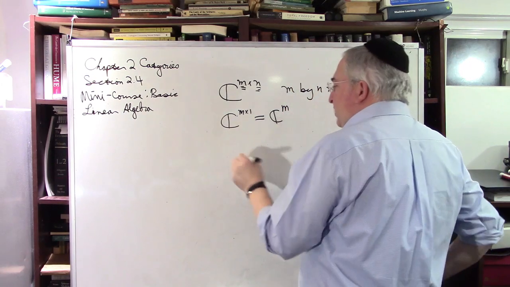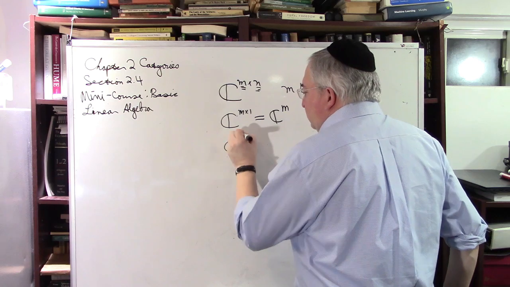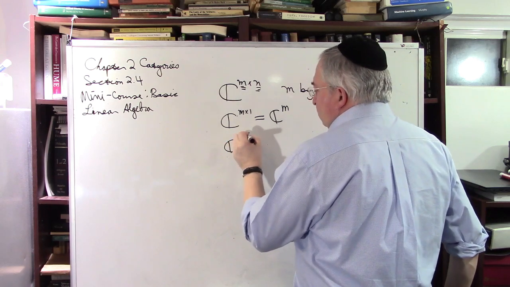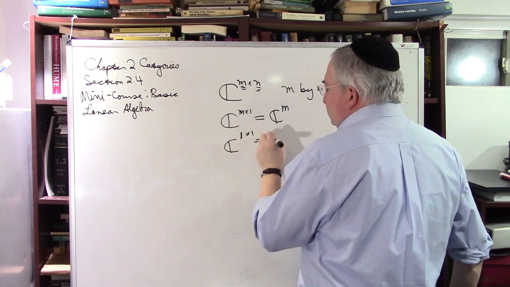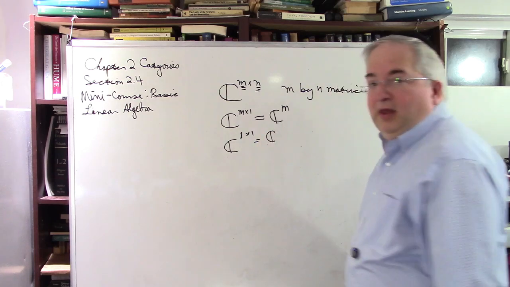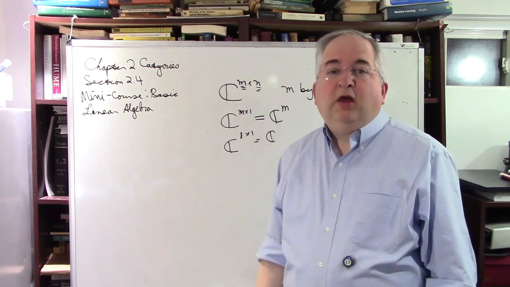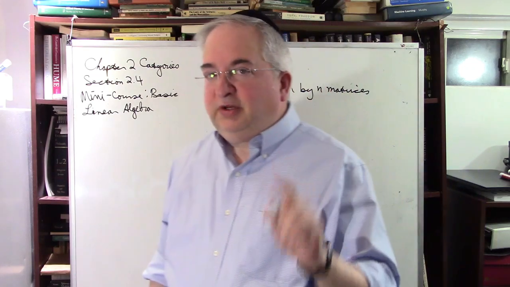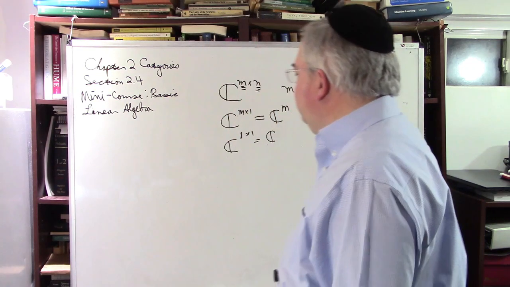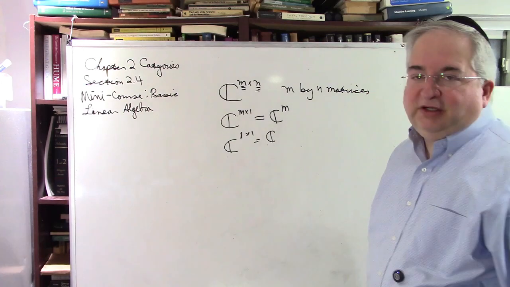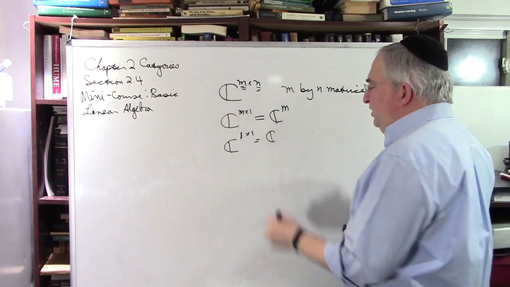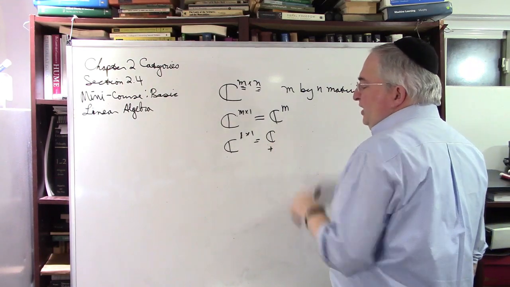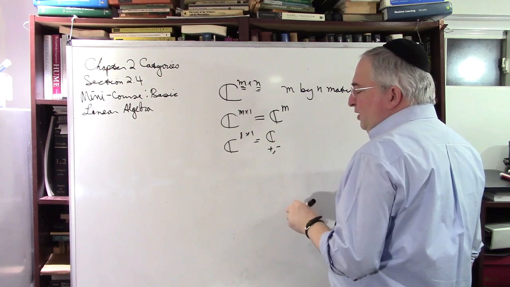Okay, a special case of this is C to the 1 cross 1, okay? And that's basically just complex numbers. Complex numbers by themselves are a very small, it's not the smallest, we'll see what the smallest is in a second. It's one of the smallest complex vector spaces. And basically the addition is, well, you can add 2 complex numbers. You can subtract 2 complex numbers.